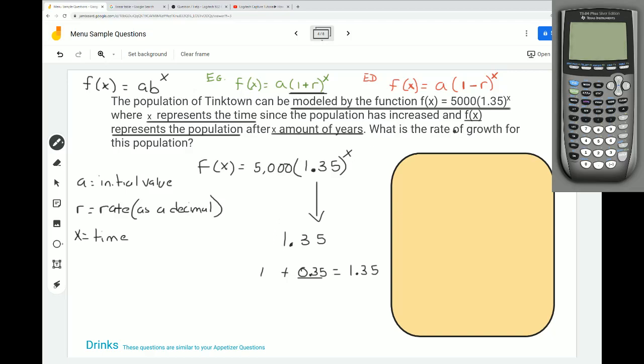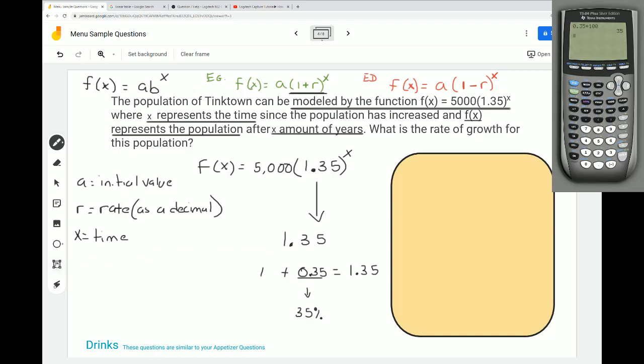So the question is, what is the rate of growth for this population? So this is 0.35, but if we wanted to convert this to a percent, you can just multiply it by 100. I'll show you really quickly right here. 0.35 times 100 is equal to 35. So this here is 35%.